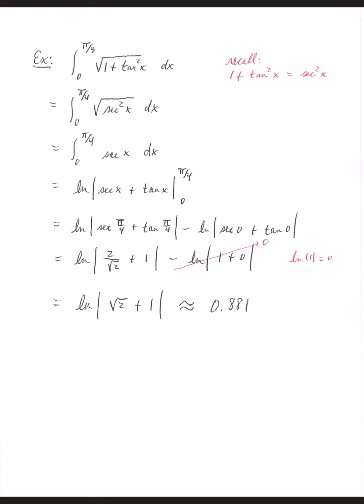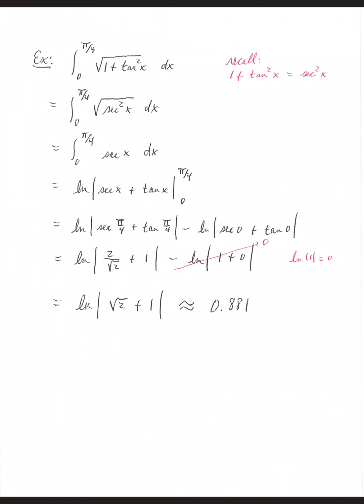And then finally, let's do a definite integral using one of the problems from the previous slide. Let's calculate the integral from 0 to pi over 4 of square root of 1 plus tangent squared x. From your Pythagorean identities in trig, let's recall that 1 plus tangent squared x is equal to secant squared x.